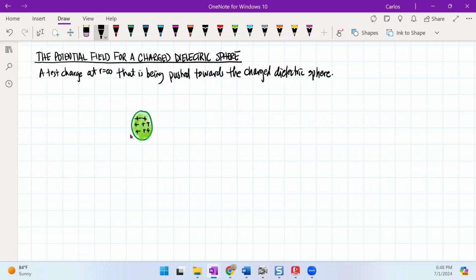And then I'm going to be going along this straight line because that's the easiest path for our line integral. So I take my test charge. Here's my test charge, and I'm going to move it to a distance r. Then I'm going to move it to the surface, and then I'm going to move it inside.